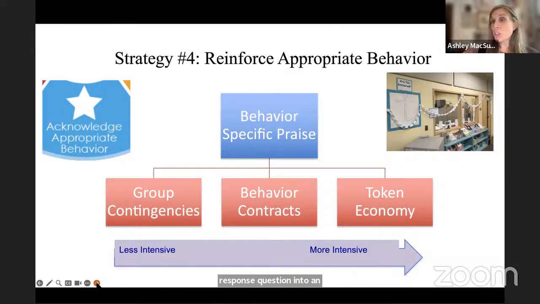Oh, that's a smart touch, sitting up straight, eyes on me. That's it. That's the only one that I have as mandatory when I go into any classroom. All these others are like in a toolkit that I can pull out when I need them. And I don't want to see somebody using them all the time at once, because that's too much effort with everything else that we're asking them to do.